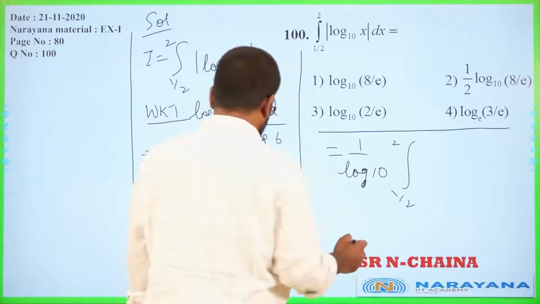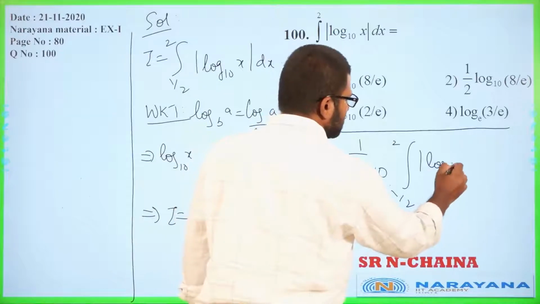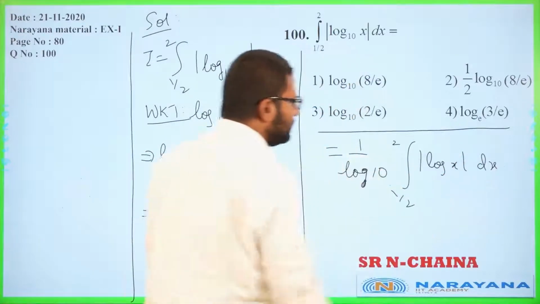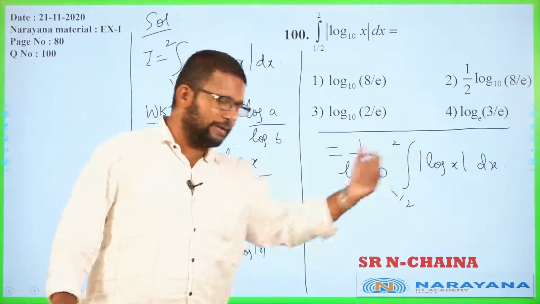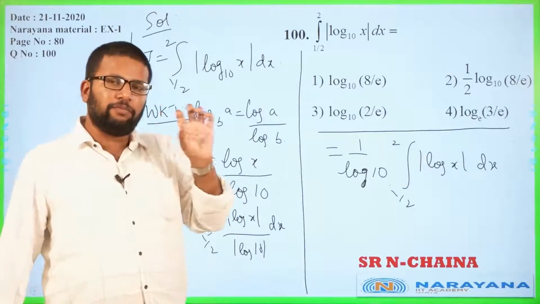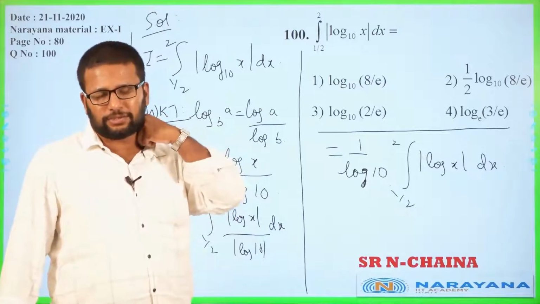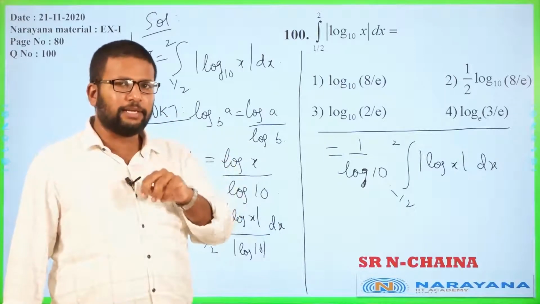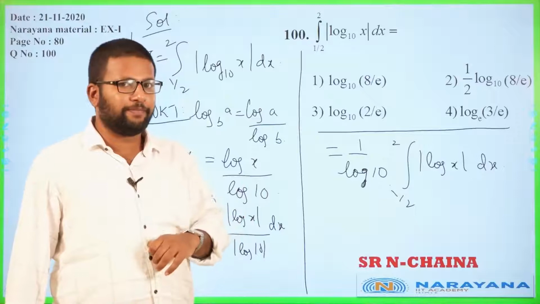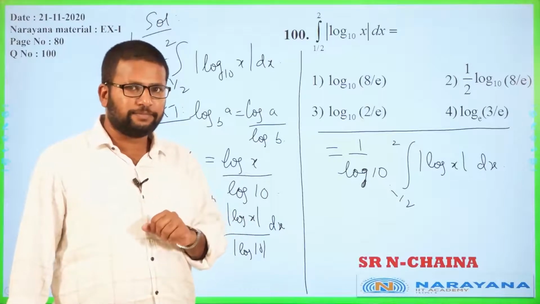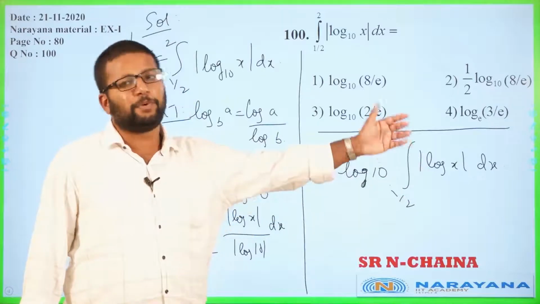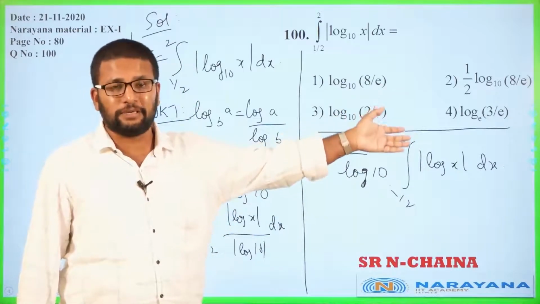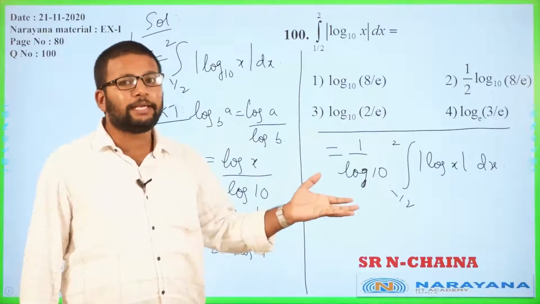So we have this right here and then integral half to 2 mod log x dx. Now take a second and think, since we are talking about mod here, for which intervals is log x going to be negative? Log of which number will be negative? Now we know log 1 is 0, which means on the right side of log 1 it must be positive because log is an increasing function, and on the left side of log 1 it will be negative, correct.